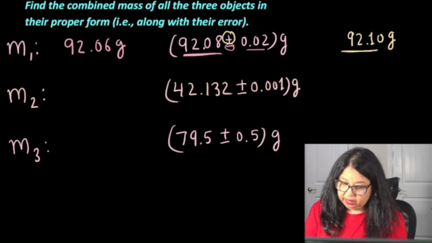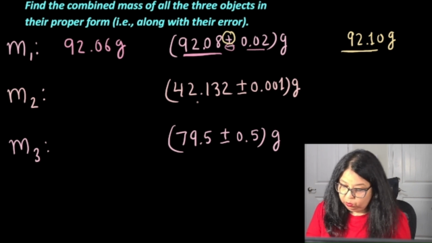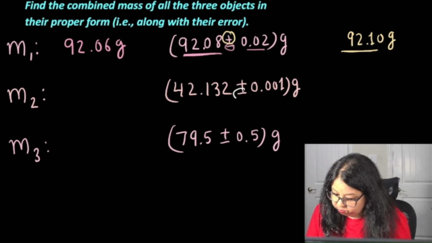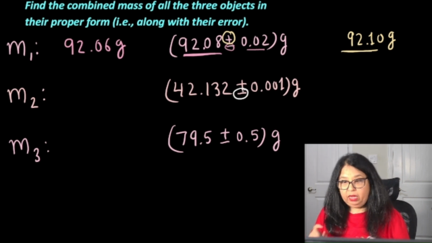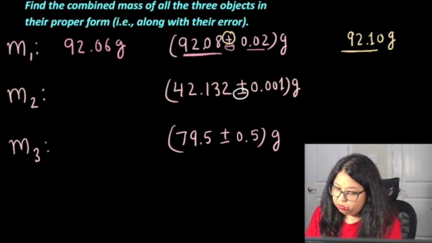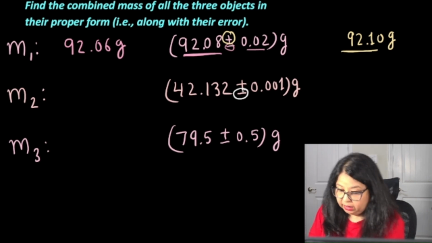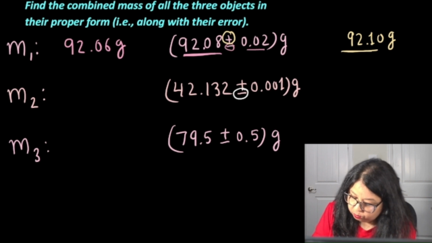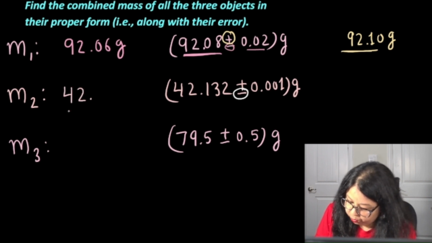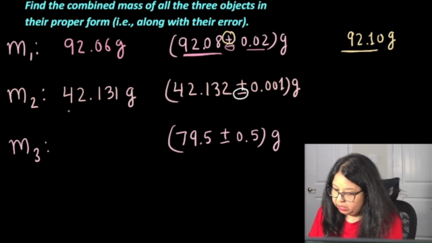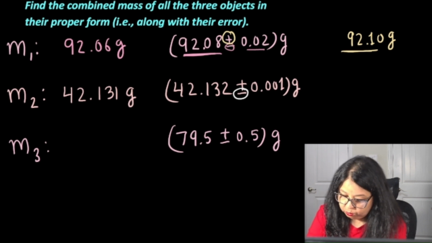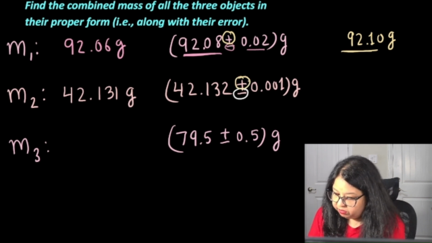Same way, the smallest possible value for M2 is when you take this minus sign here and find out what is 42.132 minus 0.001. That is equal to 42.131 grams. And to find out the highest possible value for M2, we'll use this plus sign.